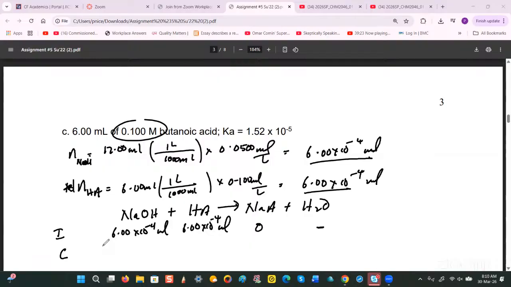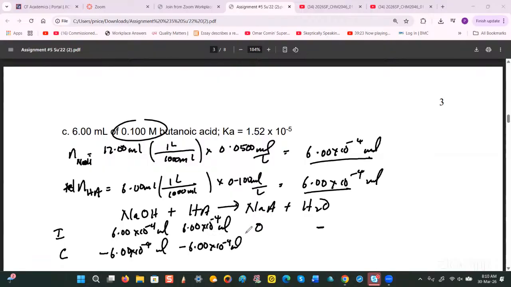So basically what's going to happen is that because these two are stoichiometrically equivalent, they'll be both completely used up. So we're going to say that the change for the sodium hydroxide is minus 6.00 times 10 to the minus 4 moles. The same will be true for the HA, 6.00 times 10 to the minus 4 moles.